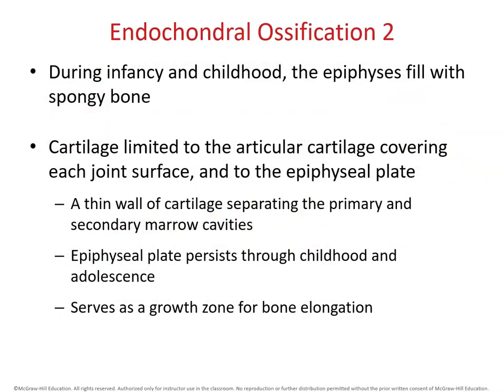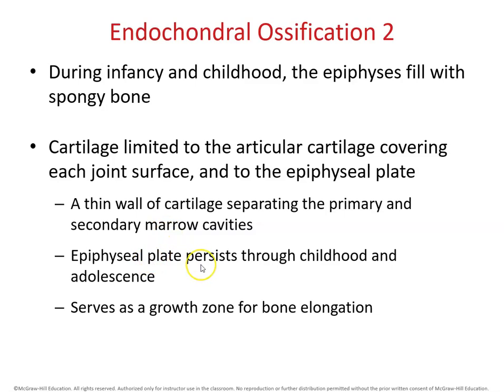During infancy and childhood, the epiphyses fill with that spongy bone tissue. So the cartilage at that epiphyseal plate, or that growth plate, is very thin, and it separates the primary and secondary marrow cavities.